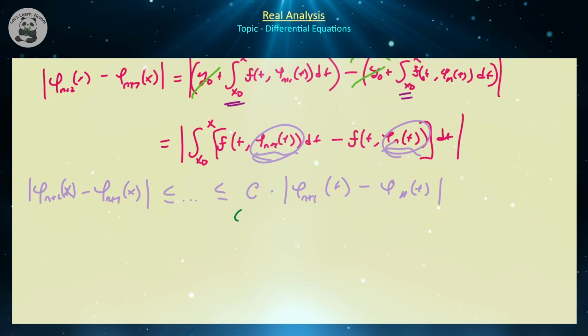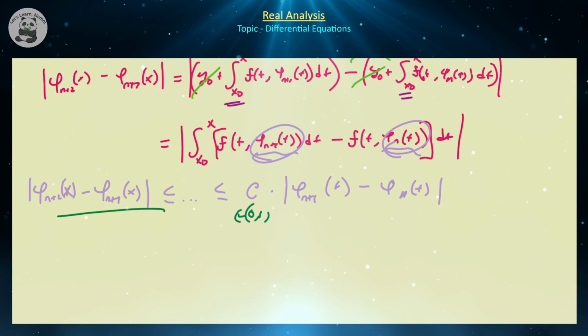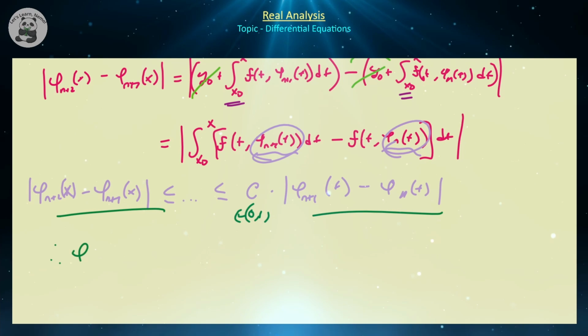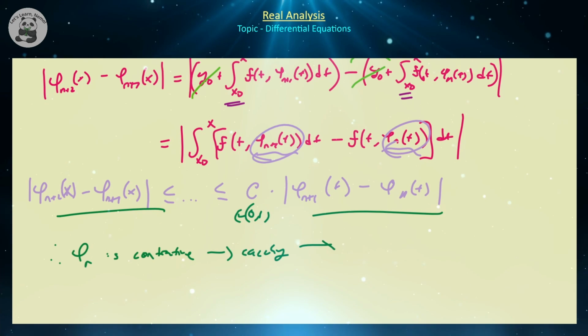So if c belongs to 0 to 1, that means that the sequence phi n is a contractive sequence. And if phi n is contractive, that means it's Cauchy, and if it is Cauchy, that means it converges. And since it converges, that means we have existence, and due to the uniqueness of limits for convergent sequences, we also have uniqueness, right?